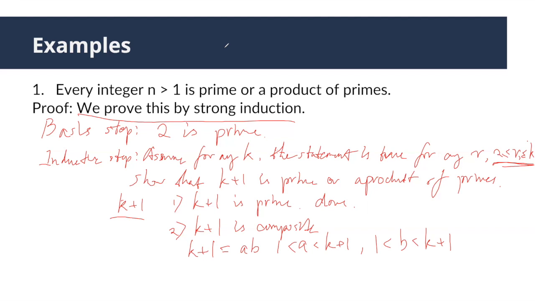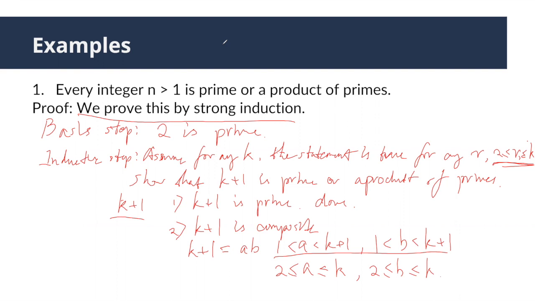And also because a and b are integers, these two inequalities are equivalent to a is greater than or equal to 2, less than or equal to k, and b is also greater than or equal to 2 and less than or equal to k.